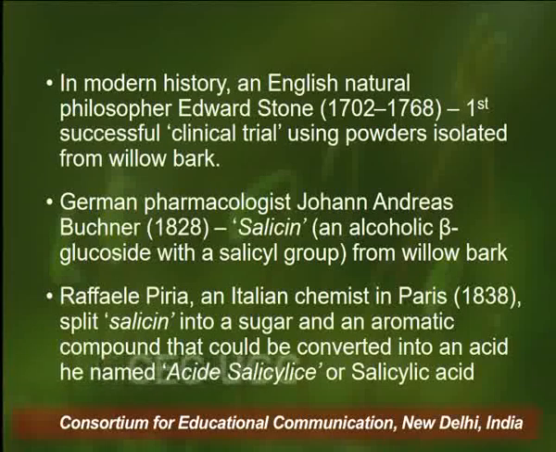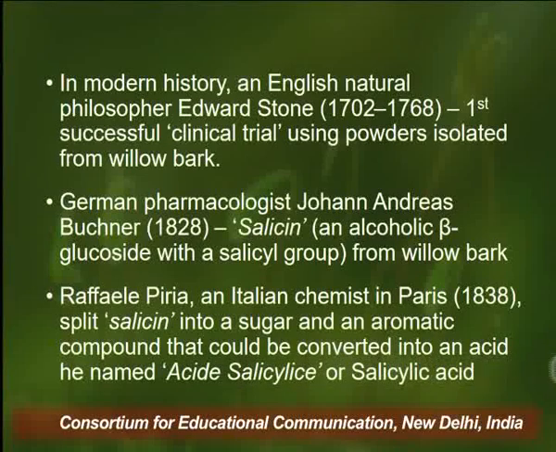Then Johann Andreas, who was a German pharmacologist, isolated salicin, the first compound isolated from the willow bark, and this salicin was found to be a glycosidic compound that was present in the bark. Then Raffaele Piria, who was an Italian chemist, broke down that salicin molecule into the sugar part and the aglycone moiety or the non-sugar part, which he named acidum salicylicum, which is now known as salicylic acid.